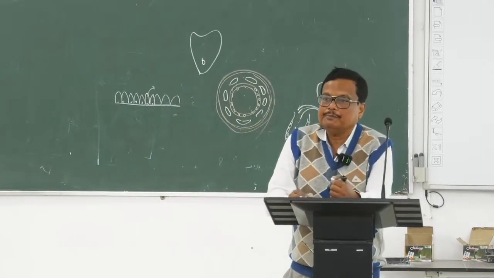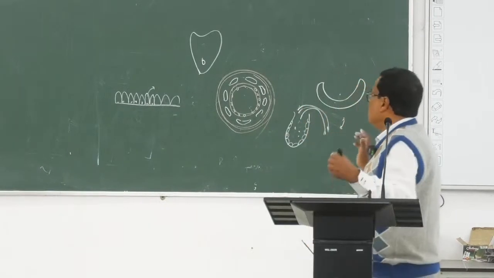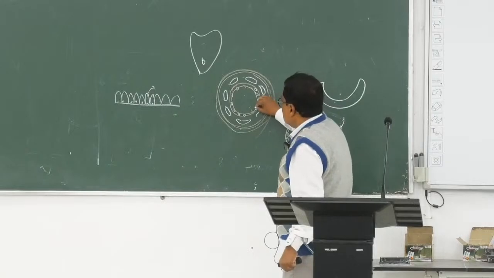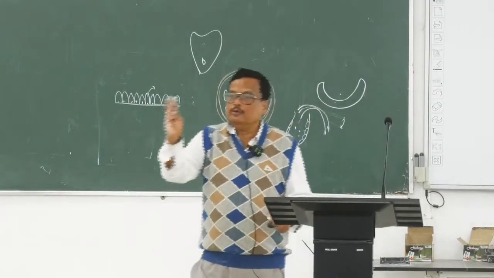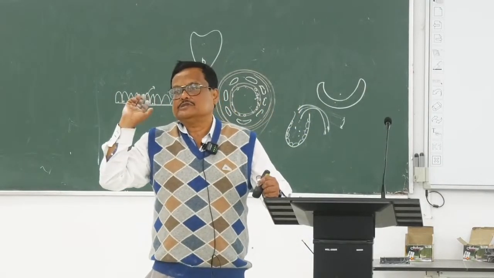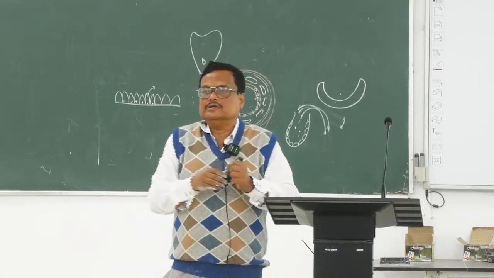Goblet cell is an example of unicellular gland. এটা জাস্ট বলে দিলাম এখানে। সিমিলারলি এইখানটাতে গবলেট সেল থাকে, লাইনিং এপিথেলিয়ামের মধ্যে গবলেট সেল থাকে, which secretes mucus. So not only the seromucous glands are present in the bronchus, but also goblet cells are present, which secrete mucus, which traps the foreign particles.